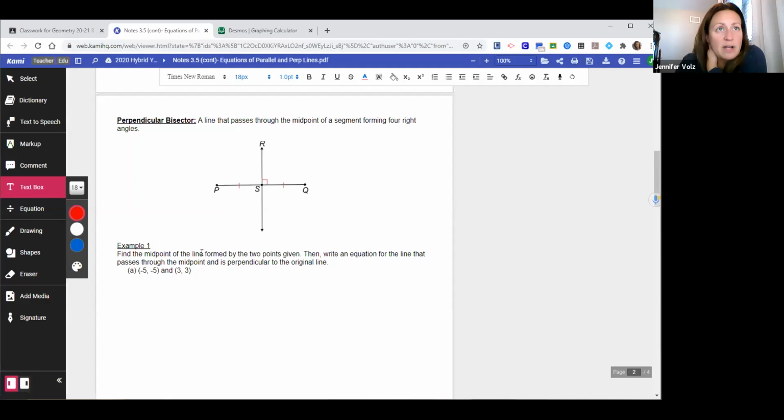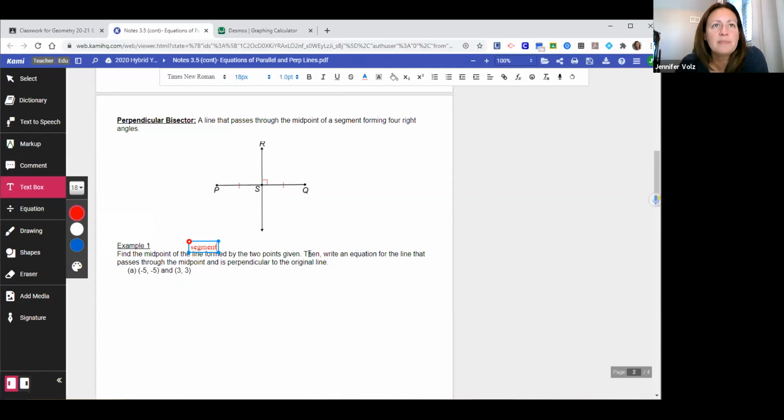Now in example 1, it doesn't actually say find the equation of the perpendicular bisector for this segment, but that's really what we're doing. We are going to first find the midpoint of the segment formed by these 2 points. It should really say segment there. I kind of feel like with the 2 points as endpoints, we're really talking about a segment.